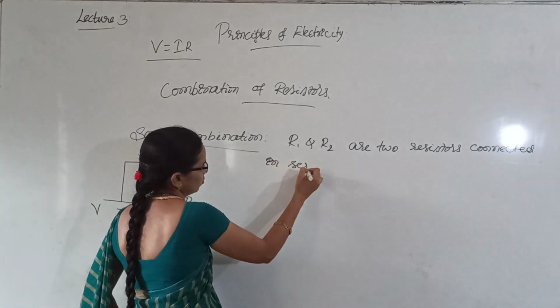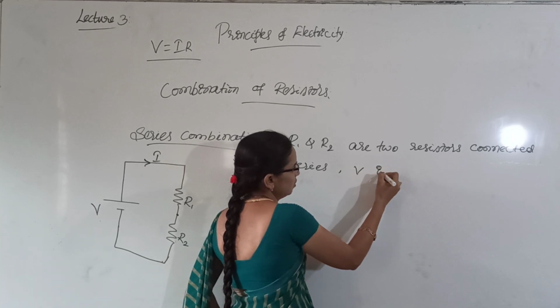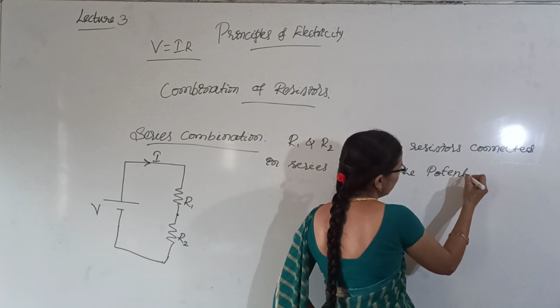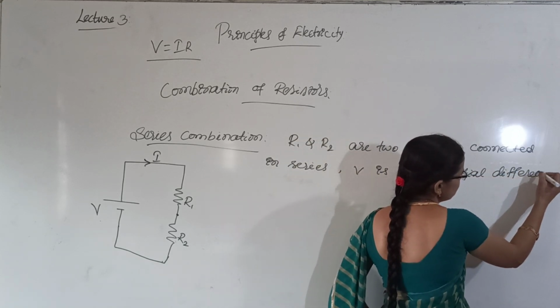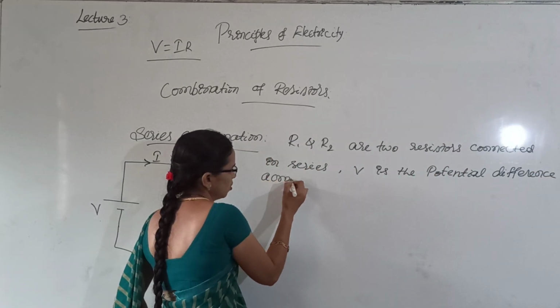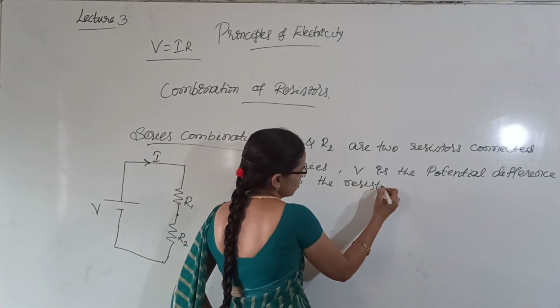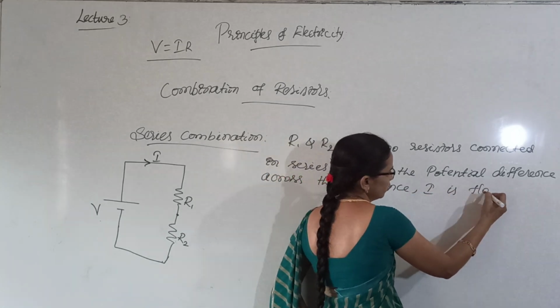If V is the potential difference or voltage applied across the resistance and I is the current flowing through it.